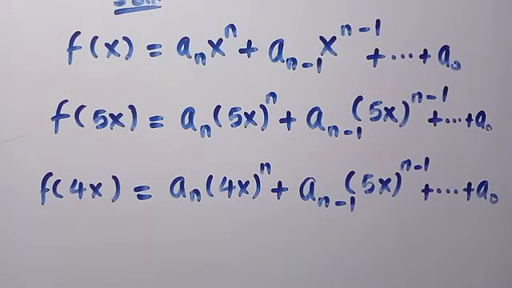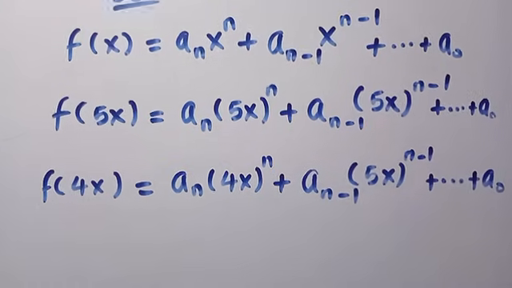So when these are known, the next step is to subtract them from each other because according to the given question, we said f of 5x minus f of 4x.